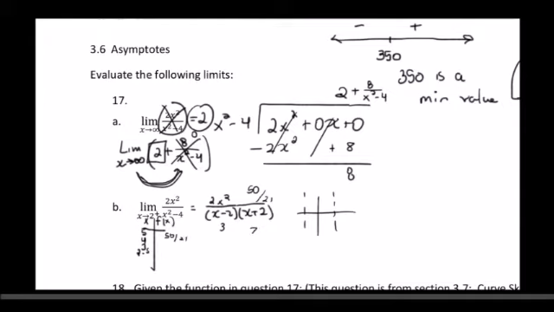If x is 4, let's see, we're going to 4 squared, which is 16. 16 times 2 is 32. 4 minus 2 is 2. 4 plus 2 is 6. That's 12. 32 divided by 12.